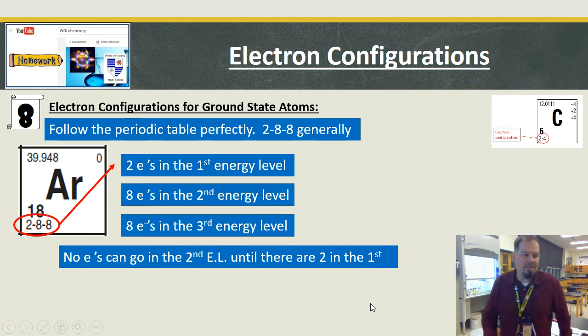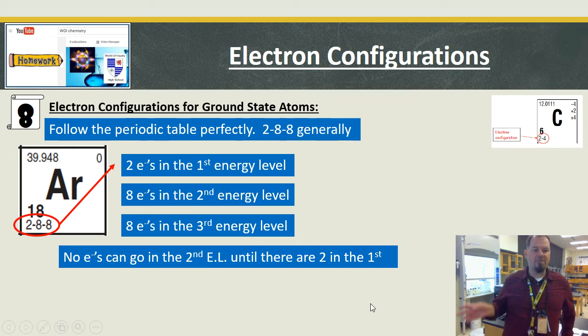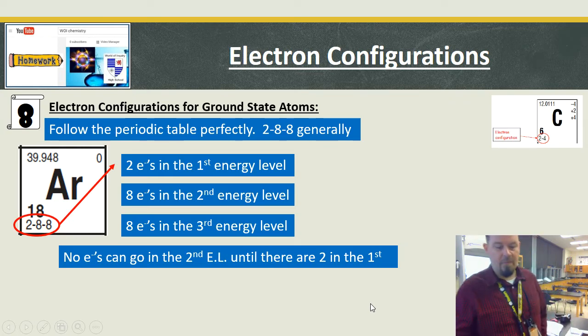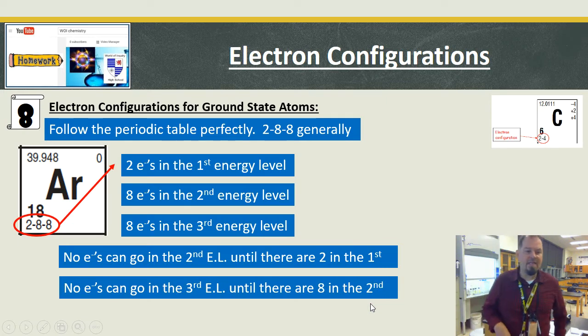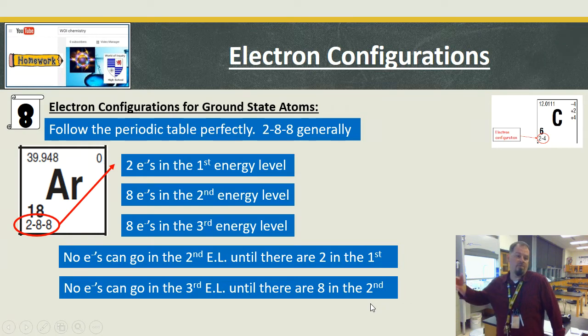The next rule says I can't put electrons into that third energy level until I get to 8 in the second. I have to be full before I can go into the next energy level. So as long as you know that each energy level needs to be full before you can move on to the next, and you know now that it goes 2-8-8, we're all set.